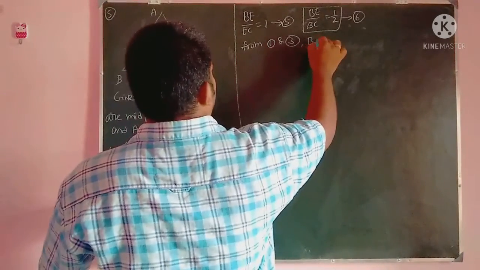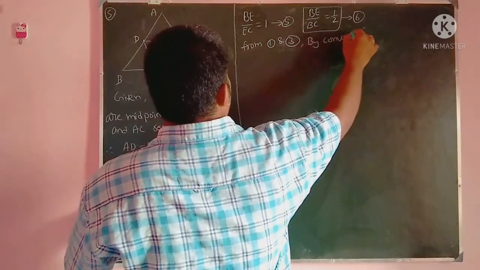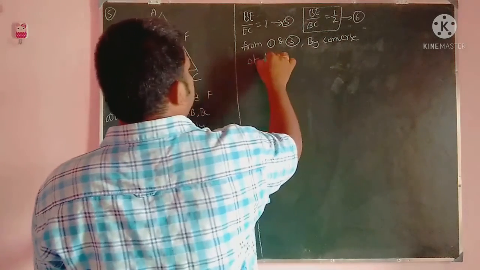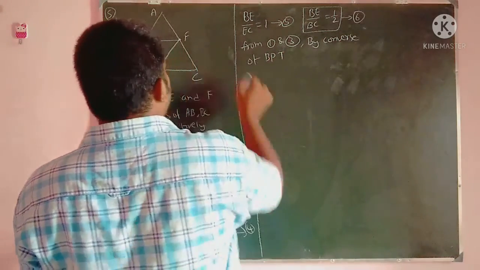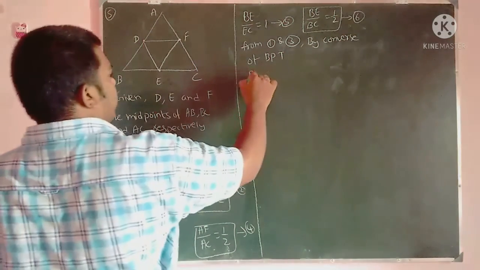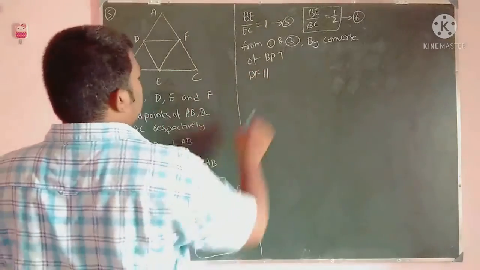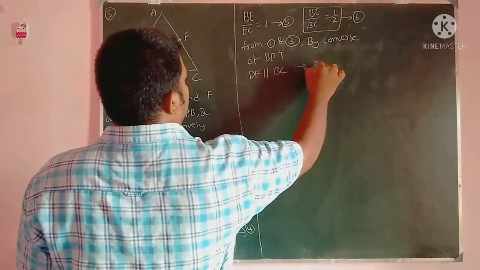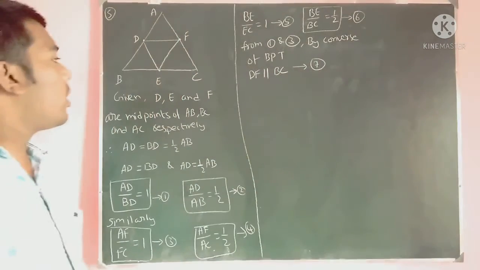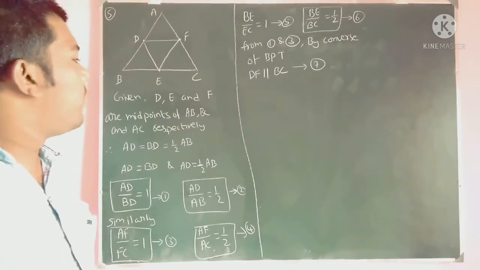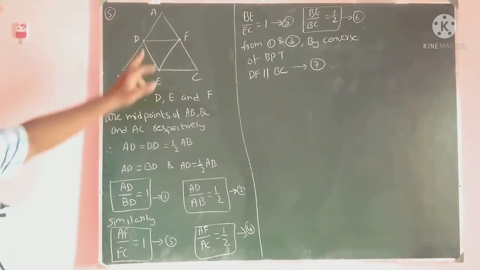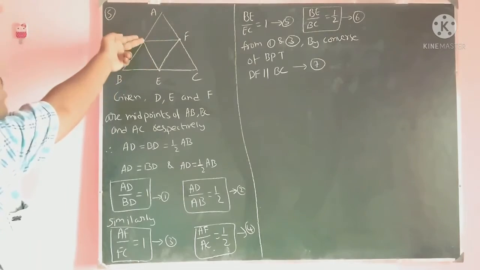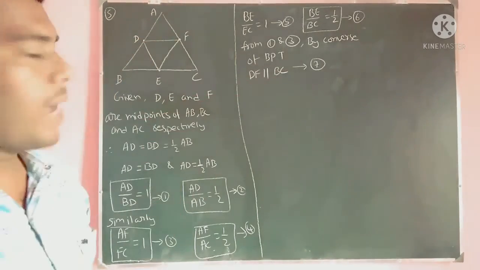So by converse of BPT we can say DF is parallel to BC. Let it be 7. What does the converse of BPT state? If a line divides two sides in the same ratio, then it is parallel to the third side. So DF is parallel to BC.